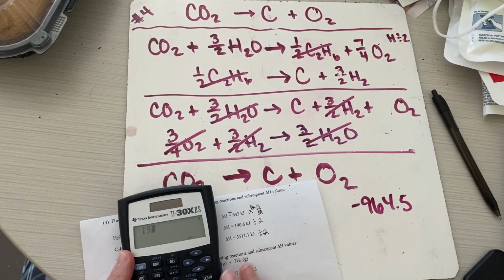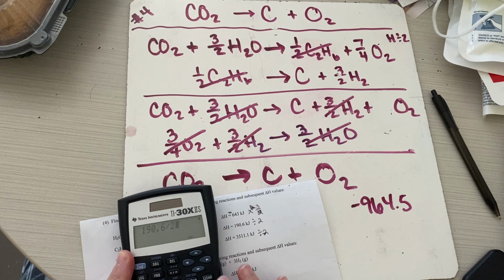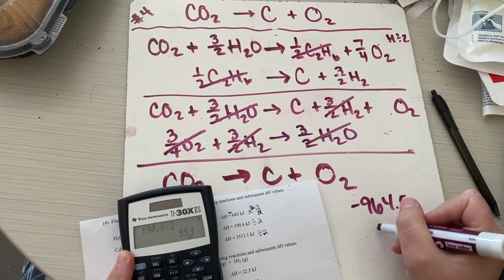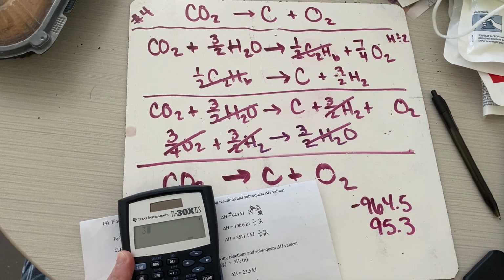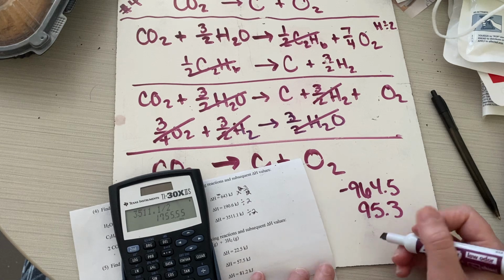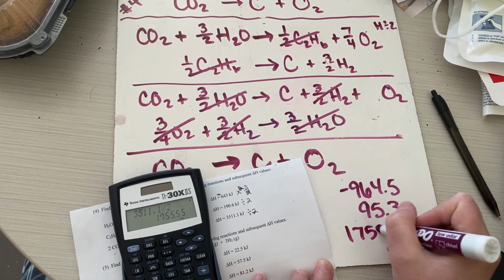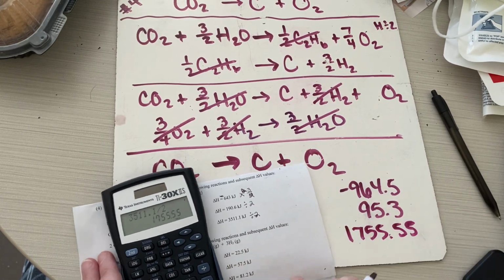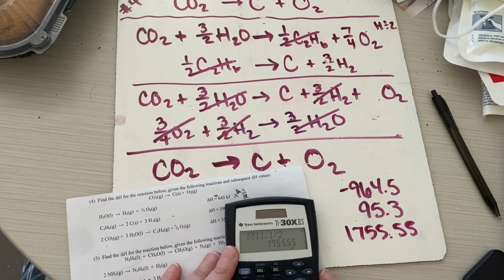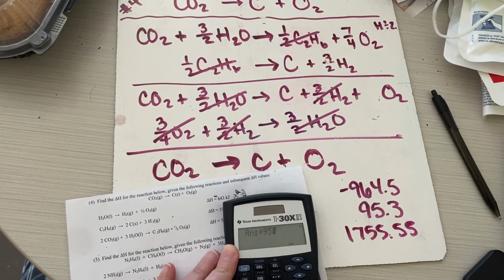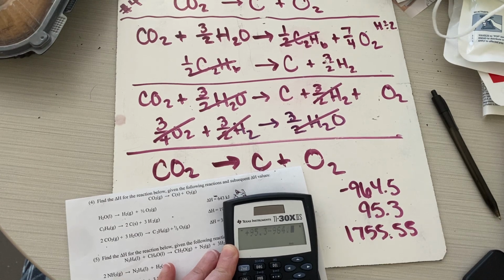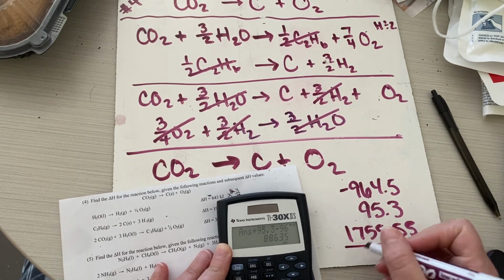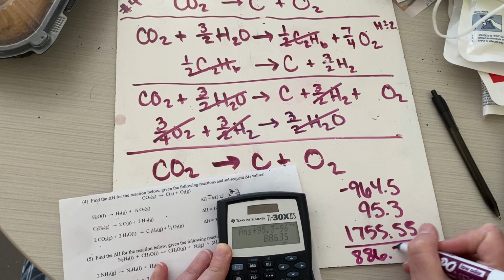And then 190.6 divided by 2 is going to be 95.3. And 3511.1 divided by 2 gives me 1755.55. Okay, now we'll add those up, plus 95.3, and then that's a negative, so minus 964.5, and we end up with 886.35.